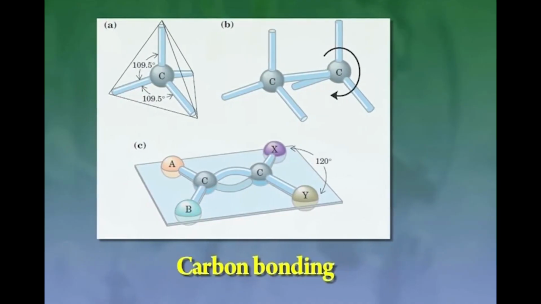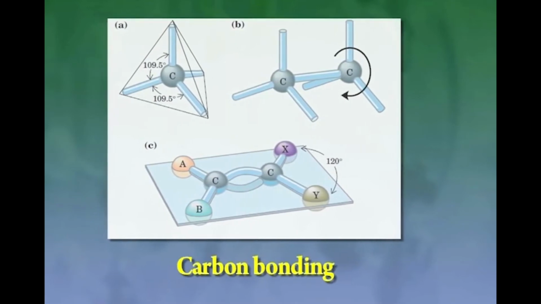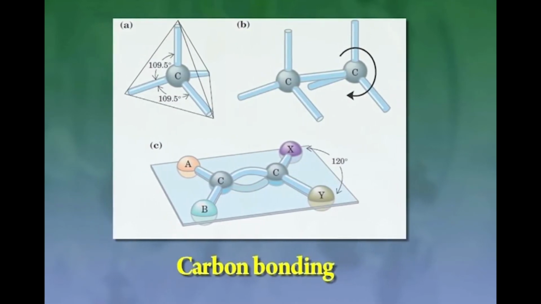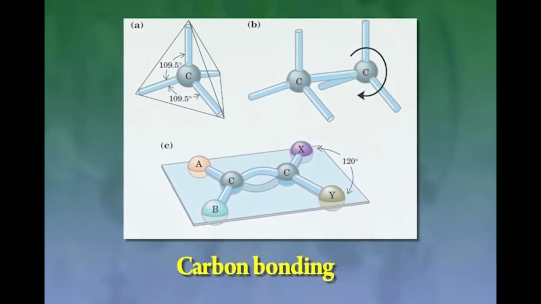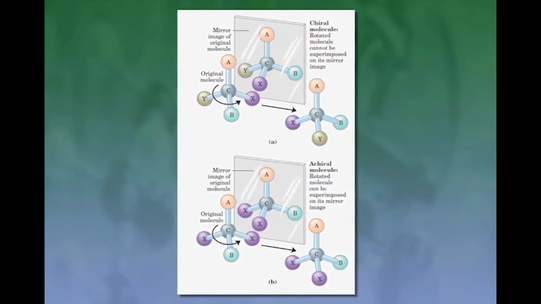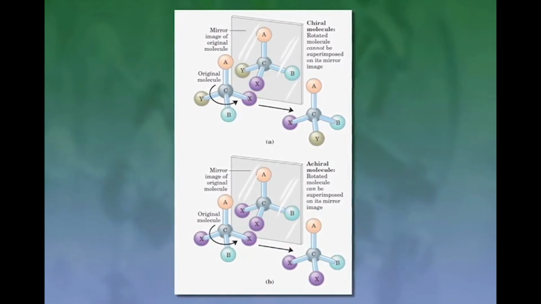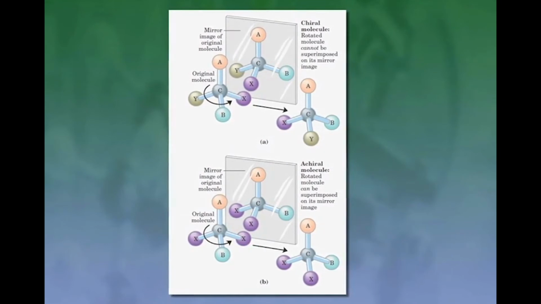Now, if you look at the structure of the carbon, it has 4 valences. It is classically called the tetrahedral carbon atom because the 4 bonds can attach themselves to 4 different chemical groups. When 2 carbons are attached together, 3 bonds are free and 2 bonds form the link between both the carbon atoms.